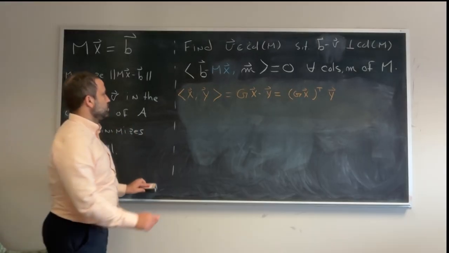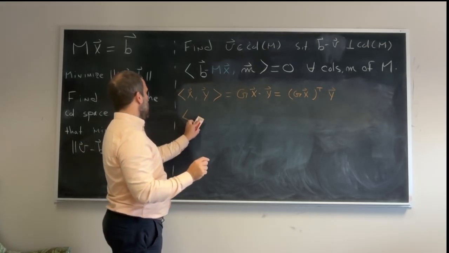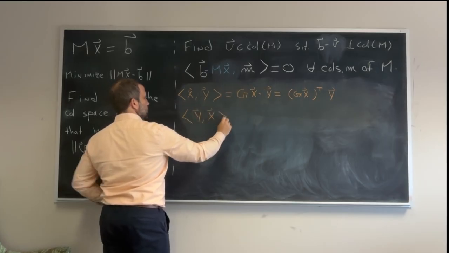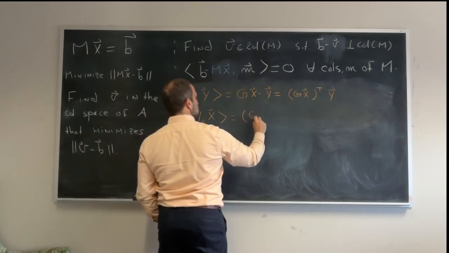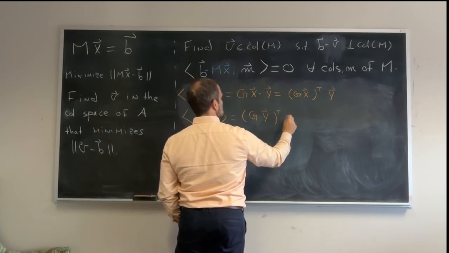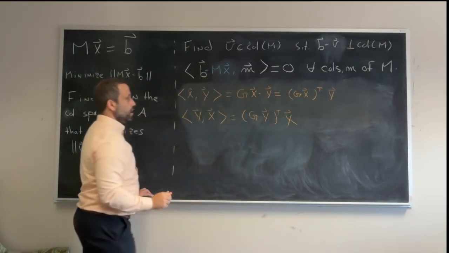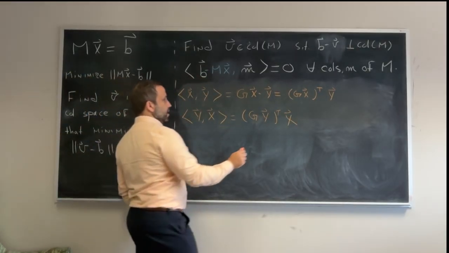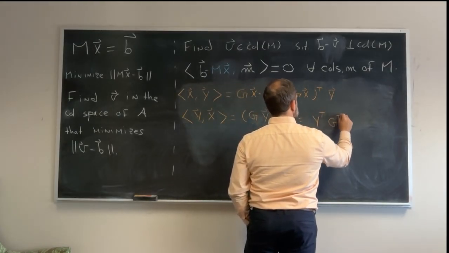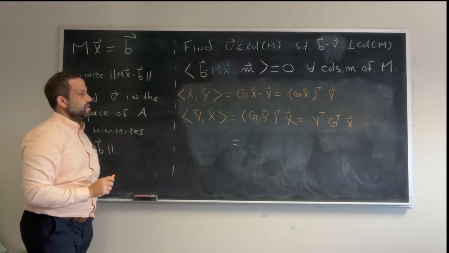Well, let's just think about some things. Is it symmetric? So if we look at the inner product of y and x, what are we going to get? We're going to get (Gy) transpose x. But remember, for this transpose, this is equal to y transpose G transpose x.